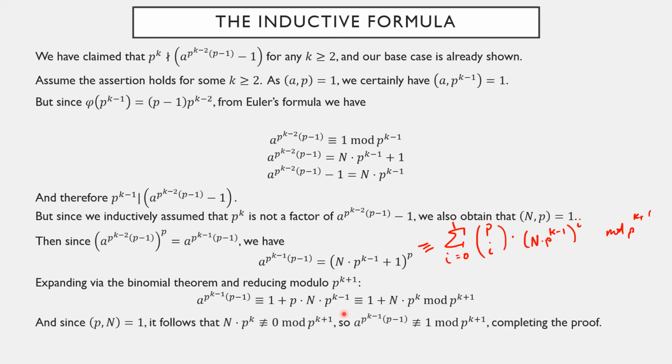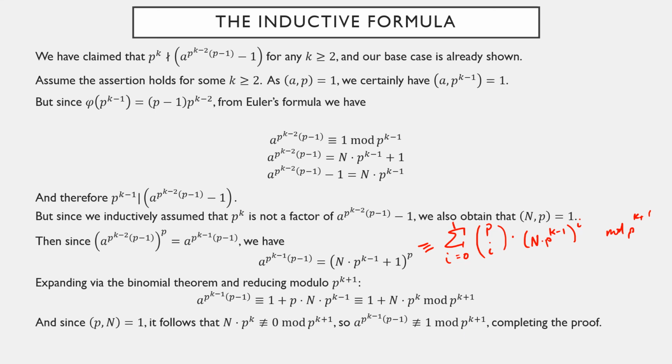But p was relatively prime to n, which means this term here is not equivalent to 0. There was no factor of p inside n, so this is not divisible by p to the k plus 1. So this is not equivalent to 0 mod p to the k plus 1, which means this thing on the left is not equivalent to 1 modulo p to the k plus 1.